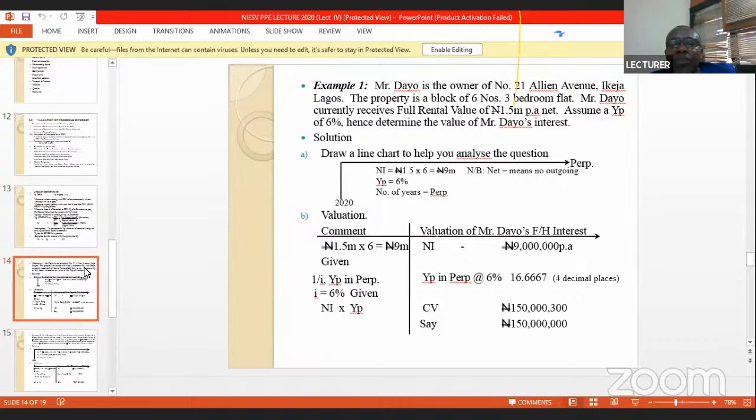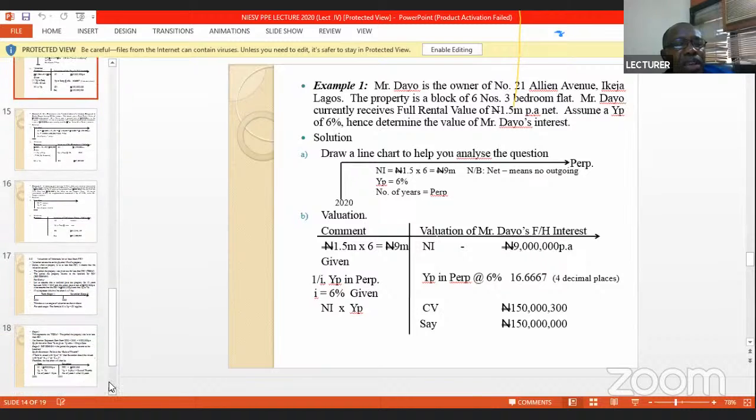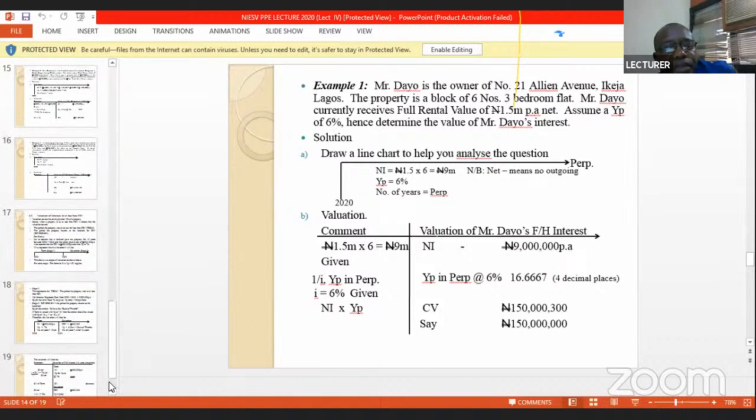Assume a YP of 6%. Hence, determine the value of Mr. Dayo's interest. Assume a YP of 6% and determine the value of Dayo's interest.